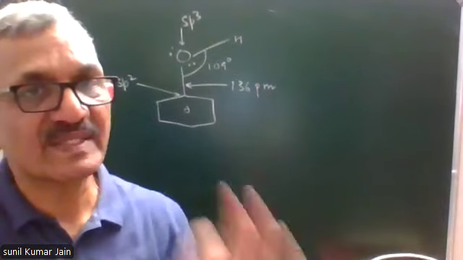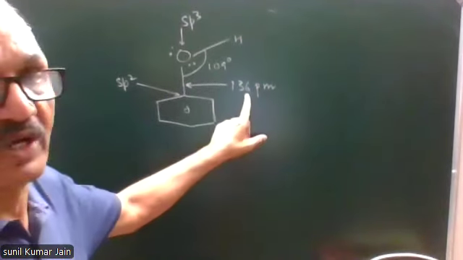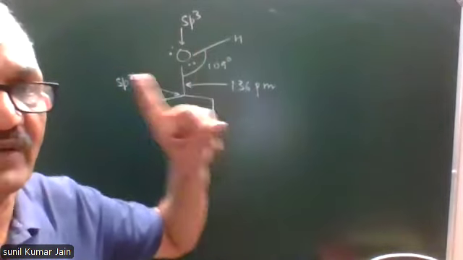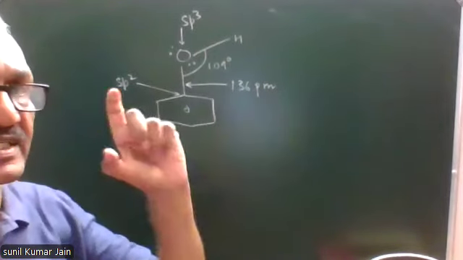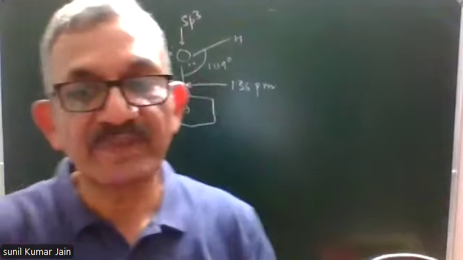You have to write just one sentence about this bond length. In alcohols it is 142. In phenols it is slightly less. Why?